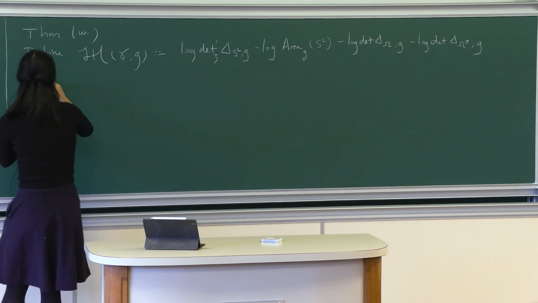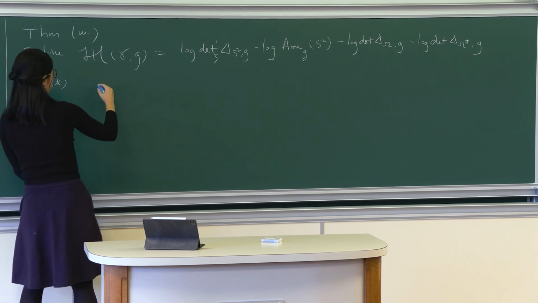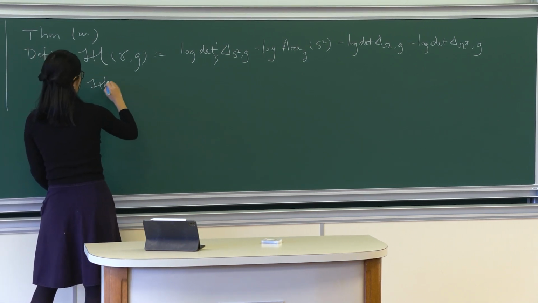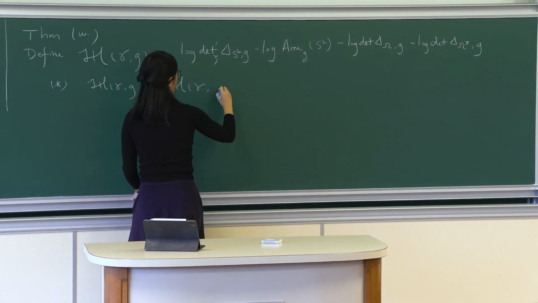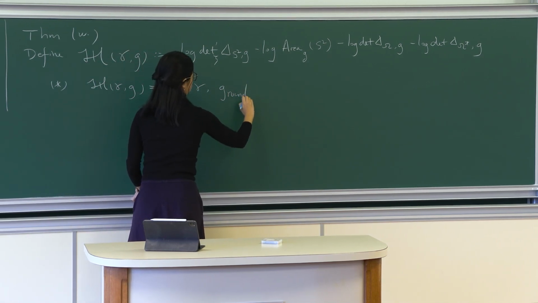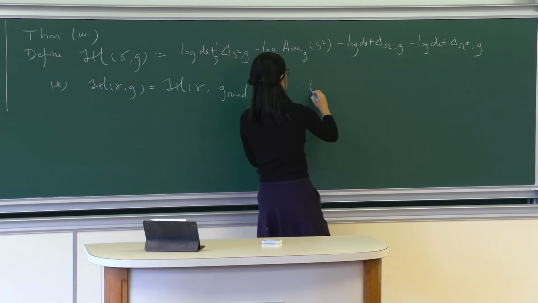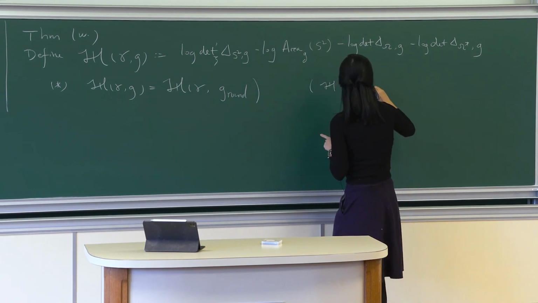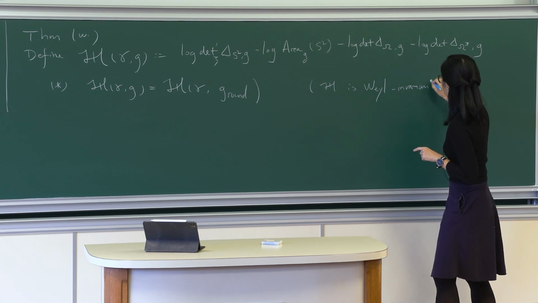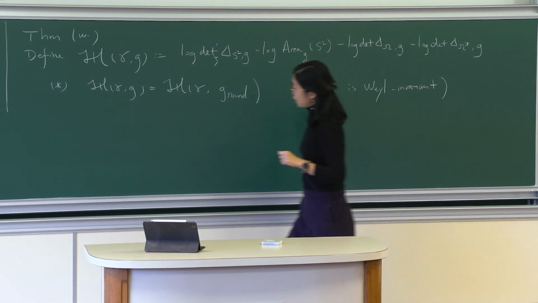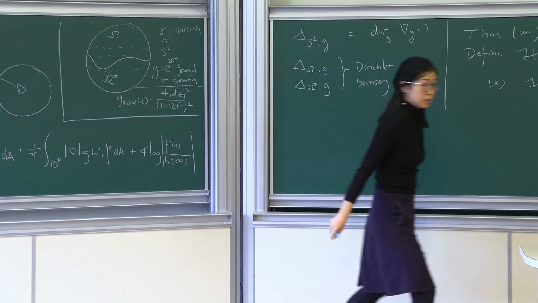The theorem is that the first one, I call it star: we have H of gamma, g equals H of gamma, g round metric. In other words, H is Weyl invariant. Weyl invariant means that if I change my metric by multiplying by a smooth function, this quantity is still invariant.